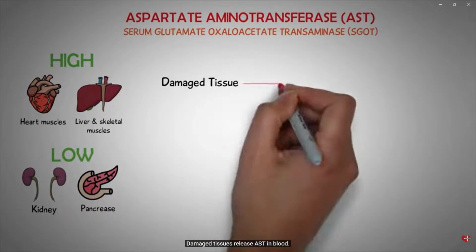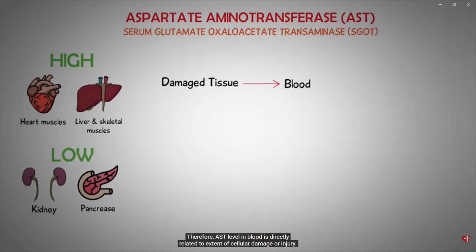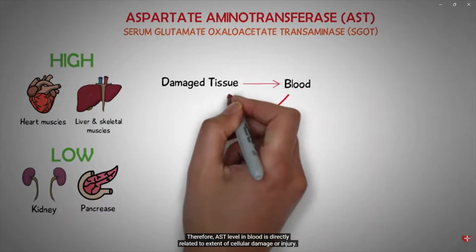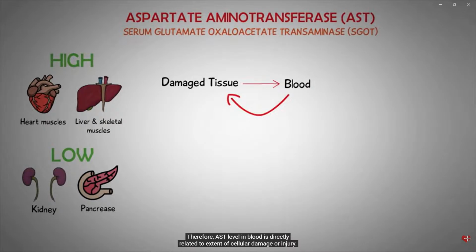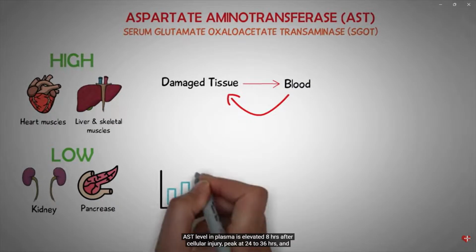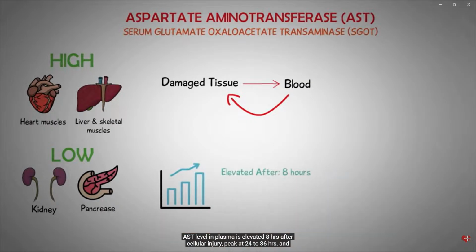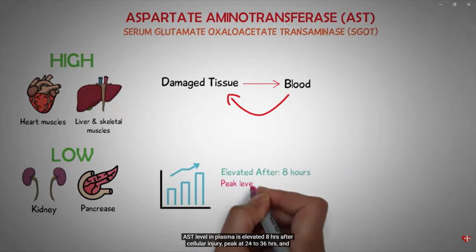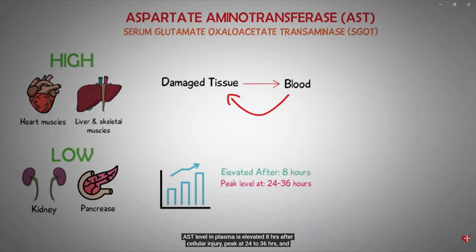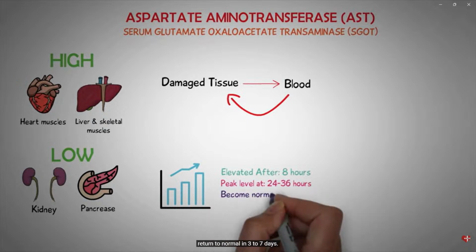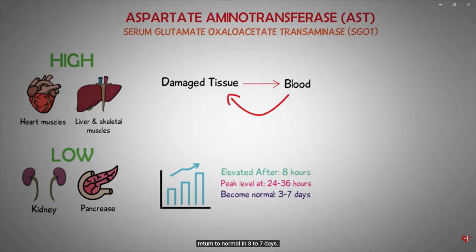Damaged tissue releases AST in blood, therefore, AST level in blood is directly related to the extent of cellular damage or injury. AST level in plasma is elevated for 8 hours after cellular injury and peaks at 24 to 36 hours and returns to normal in 3 to 7 days.